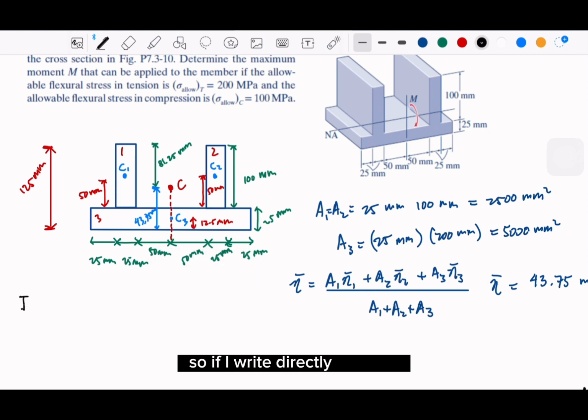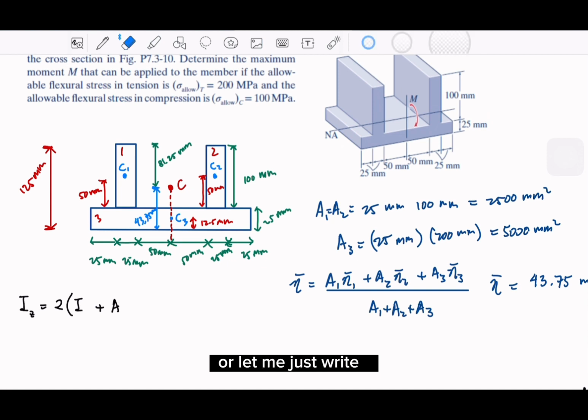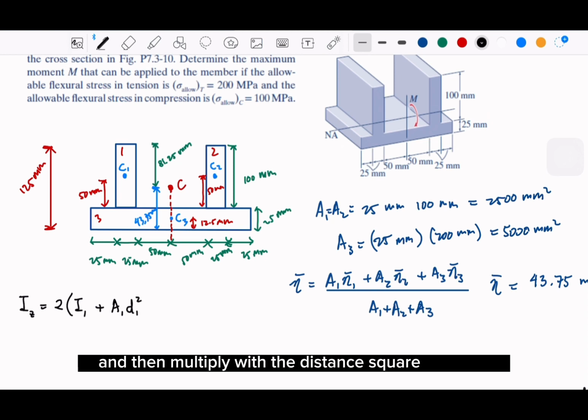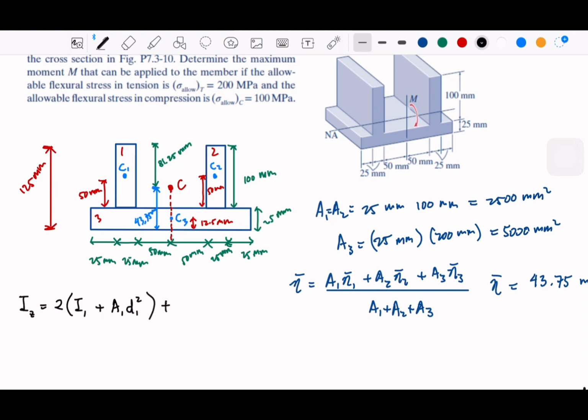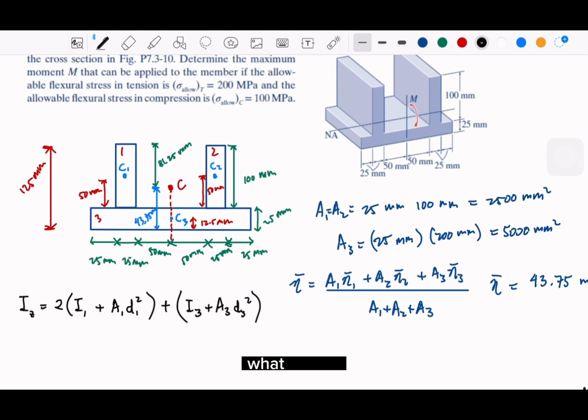So if I write directly the total, let's write inertia Z is twice of inertia 1 or 2, and then multiply with the distance squared, and then plus the inertia 3 plus A3 D3 squared. What is D1? What is D3? That is the distance from material 1 and the distance from material 3.